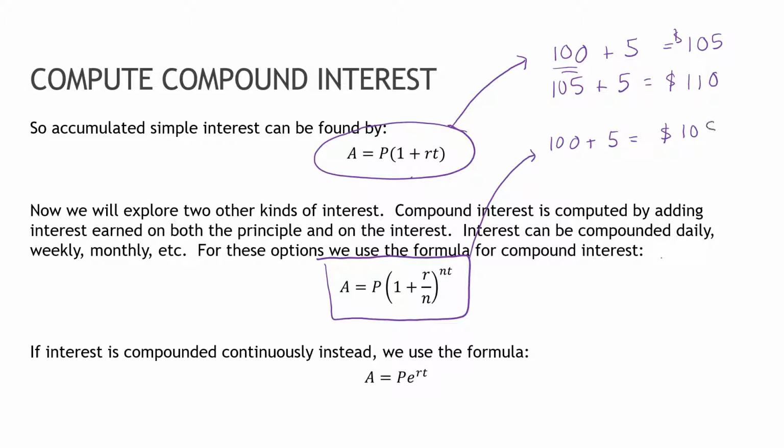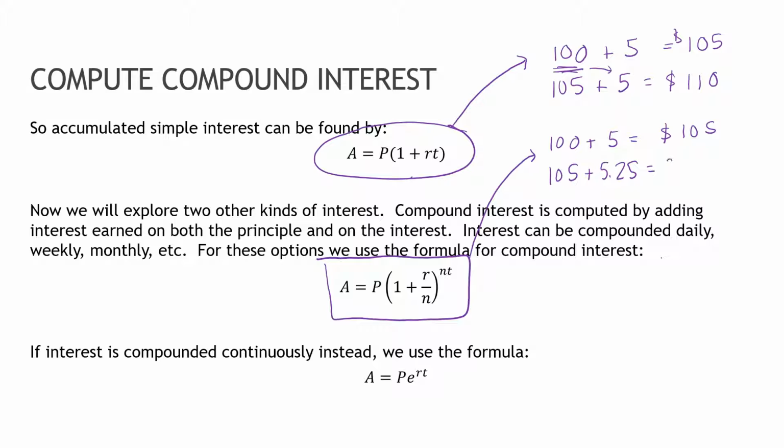So I got that 105 because I get $5 a year, but the next time I earn the interest on the 105. So instead of earning it on the 100 and just getting the 5 again, which is 5% of 100, I get 5% of 105, which is 5.25.